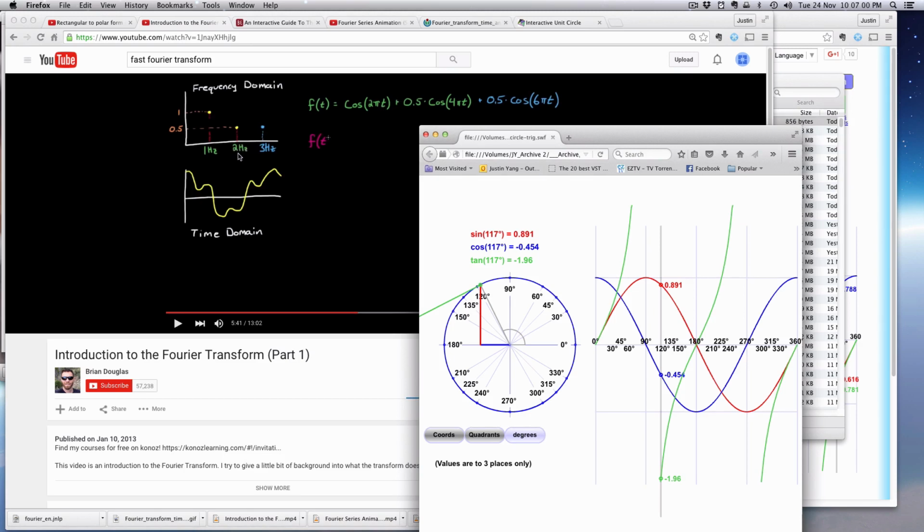If we have a frequency of 2 hertz, or 2 times a second, we're going to have 2 times 2 pi, or 2 rotations in 1 second, which will then be 4 pi times the unit of time, t. And then 6 pi will be 3 hertz, so that's 3 times 2 pi, or 6 pi times the unit of time.